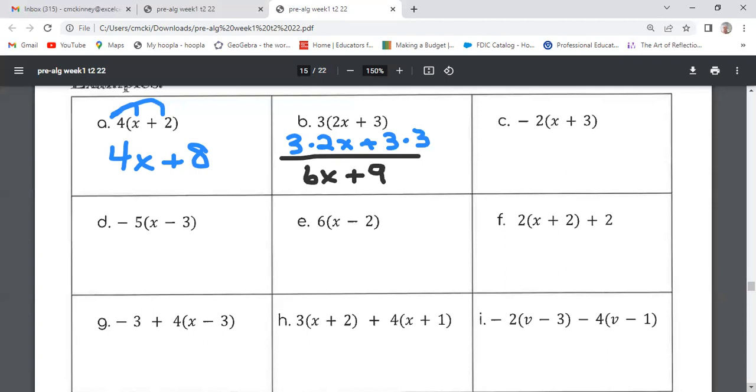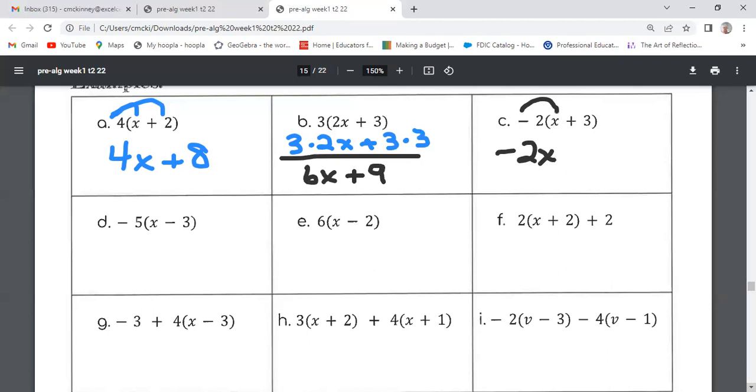So in C, we have a negative number on the outside. And so we need to think about multiplying both things inside, both terms inside, by -2. So -2 times x, -2x.